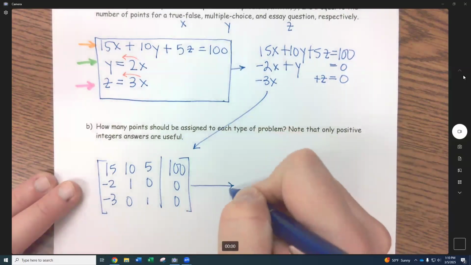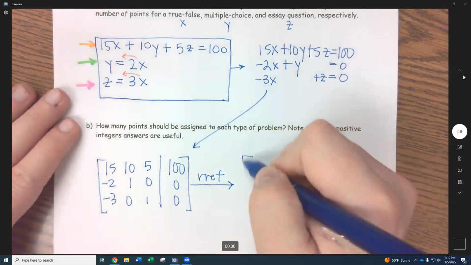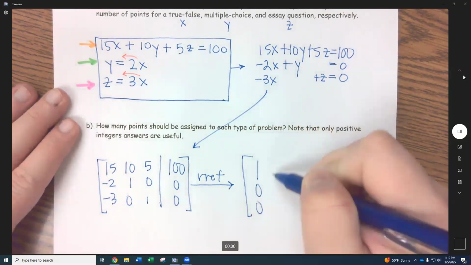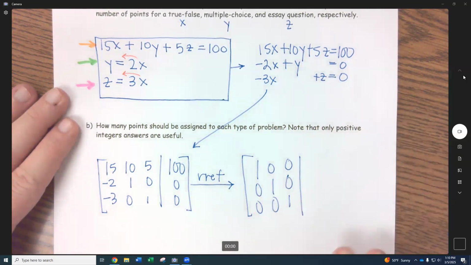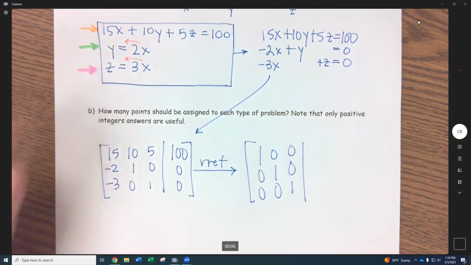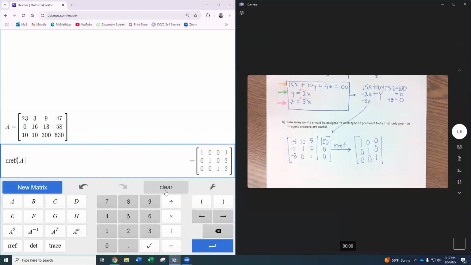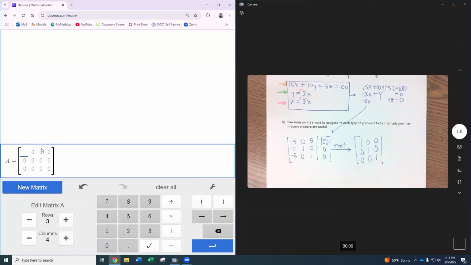So now we will RREF that. And we should get our diagonal of ones, 0 everywhere else. I need these three numbers right here. Okay, I'm just going to go ahead and clear again. My new matrix is 3 by 4.